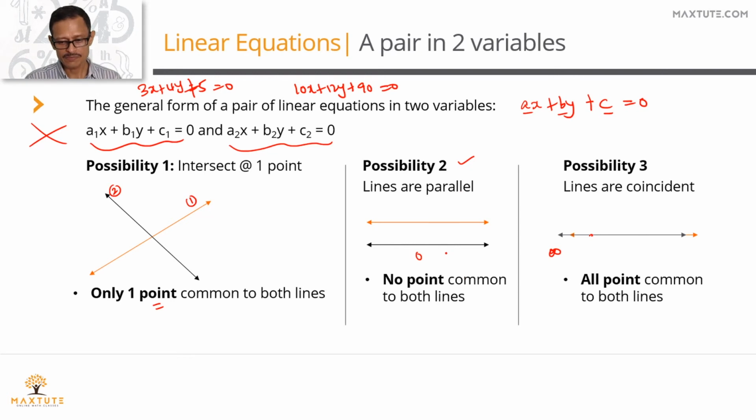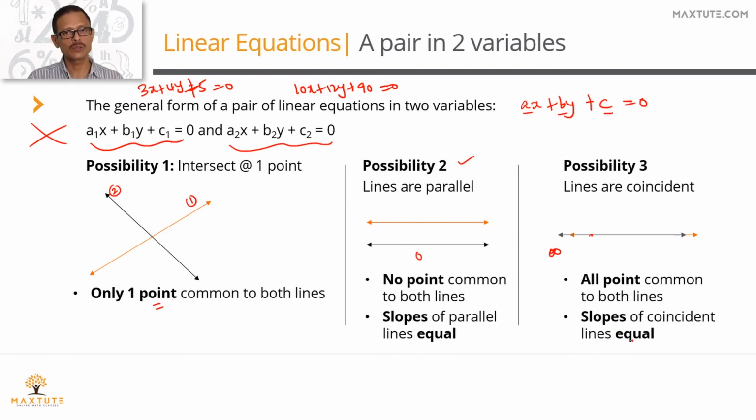Let's start with two parallel lines. If we know that two lines are parallel, then we can infer that the slopes of those two lines will be equal. Parallel lines have the same slope. Two coincident lines have everything the same. They're one and the same line. Obviously, their slopes are also going to be equal. So if the slopes of two lines are equal, they will either be parallel lines as in possibility 2, or as in possibility 3, they could be coincident lines.